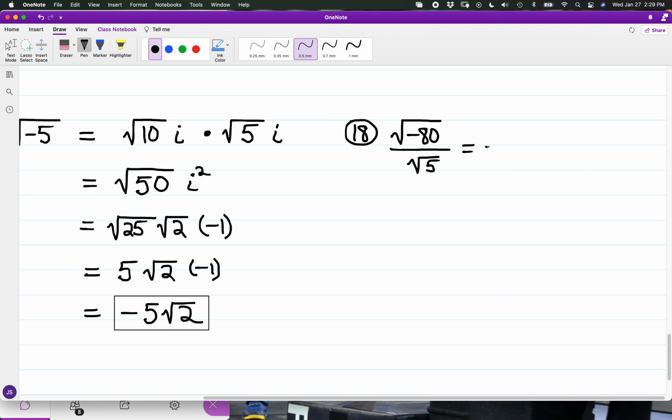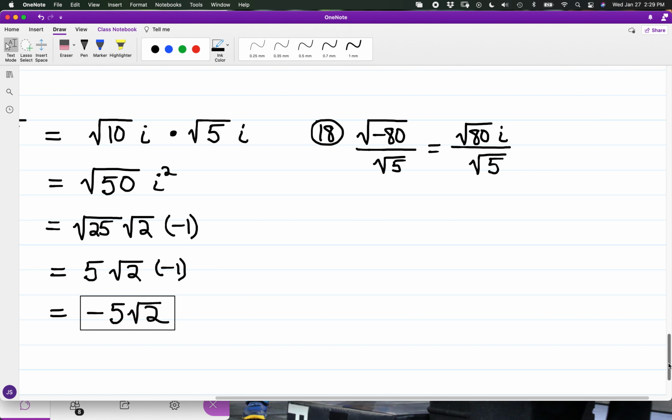And anything that we have in complex notation in the radical, you can go ahead and factor out the i. Since we had the square root of 5, there's no letter i to factor out. So right now we have the square root of 80 times i all over the square root of 5.